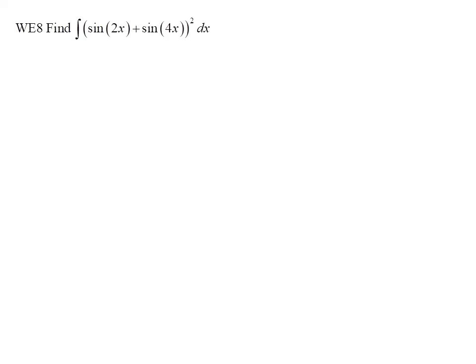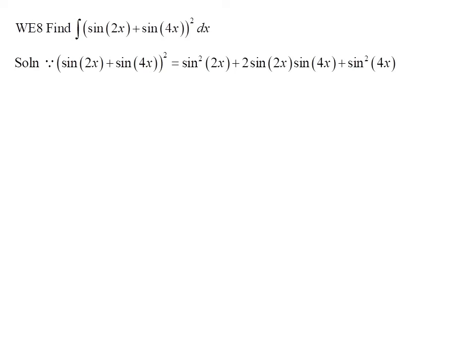Example 8 is to find the antiderivative of the integral of sine 2x plus sine 4x, in parentheses, squared dx. Since the trigonometric function of sine 2x plus sine 4x, in parentheses, squared, can be expanded and then transformed from its multiplication form to the corresponding addition form.